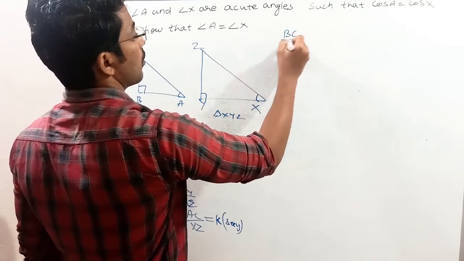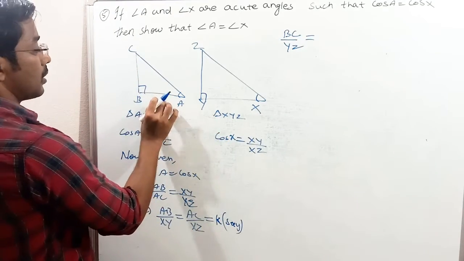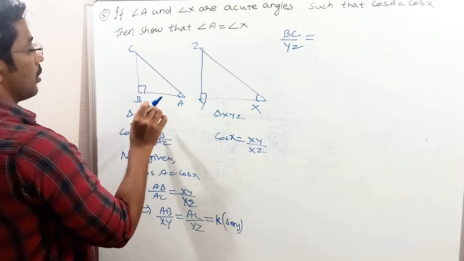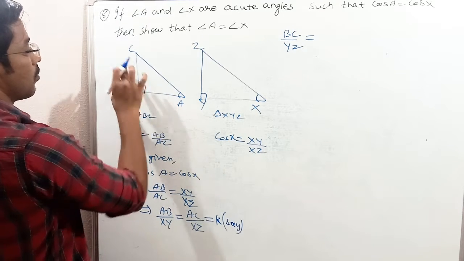So BC by YZ is equal to, we know that in a right angle triangle, hypotenuse square is equal to the sum of the squares of the other two sides, AB square and BC square.